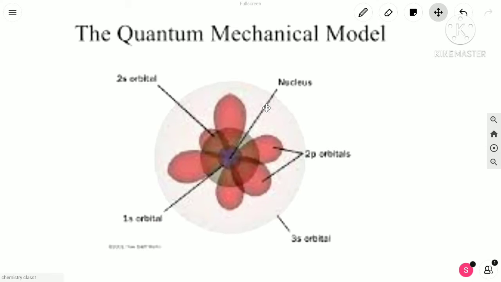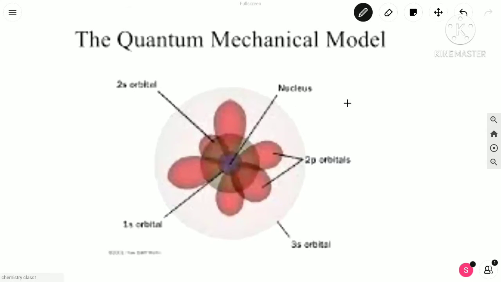You can't really determine where it is at a given point in time. So these are the most probable places, more than 90% probability. 90% of the time, the electron we're looking for will be somewhere over here. That's what this model says.